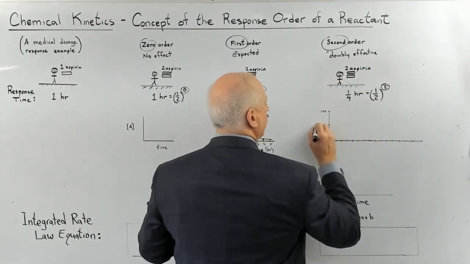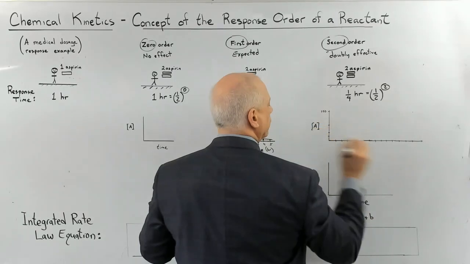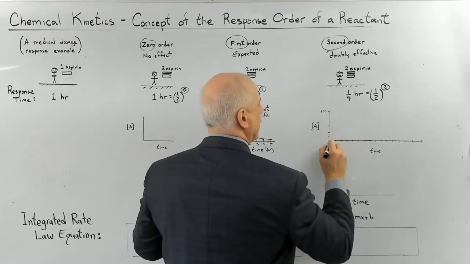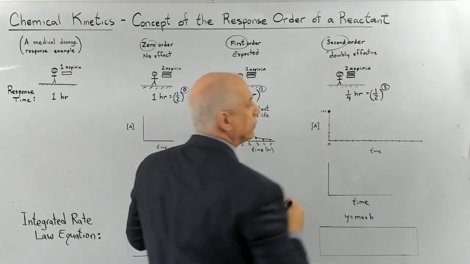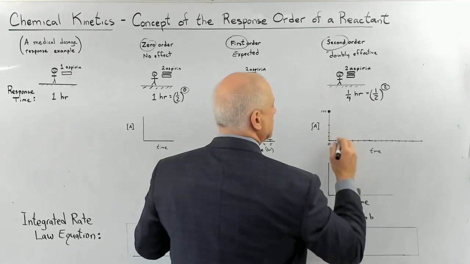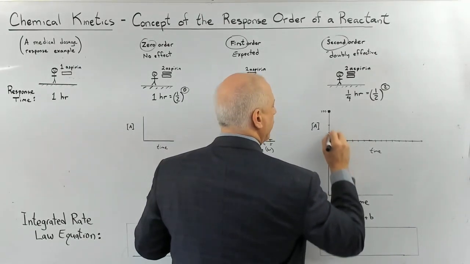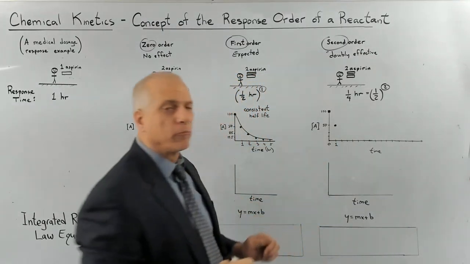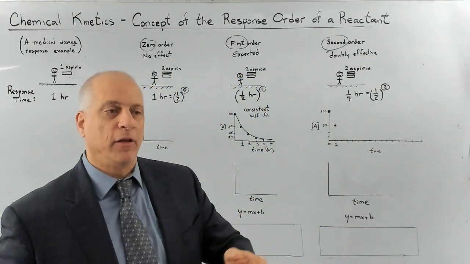And the example, this graph would look like the following. Here's concentration of aspirin versus time, and at time 0, let's say that we have 100 milligrams of the medication, and then let's say for the sake of argument, after 1 hour we have 50%. But then the half-life keeps doubling.